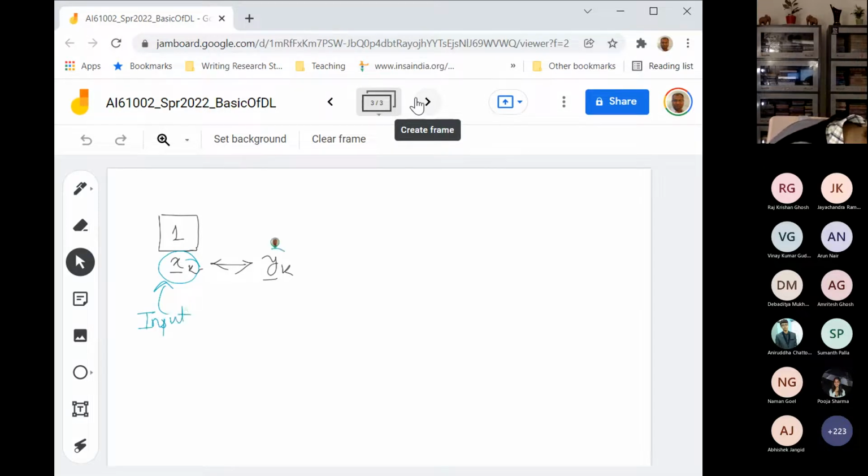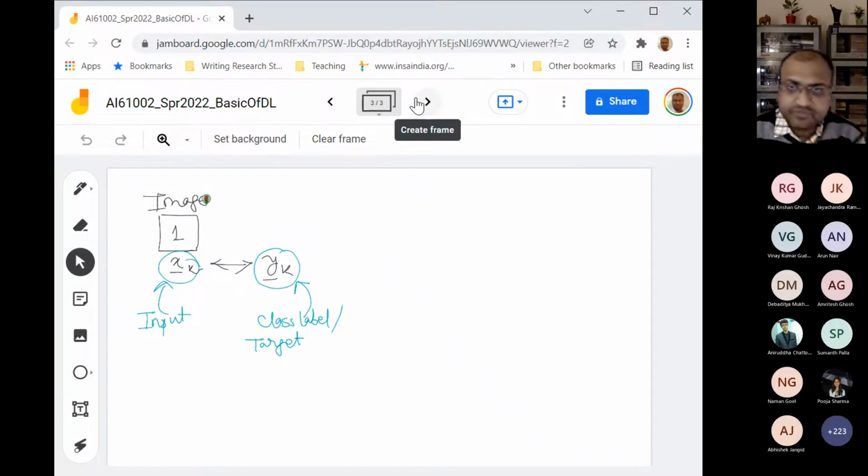This yk is my class label, or it can also be called the target. From machine learning parlance, this can be called the target. In case of a classification problem, we would rather call this the class label. So this is an image.